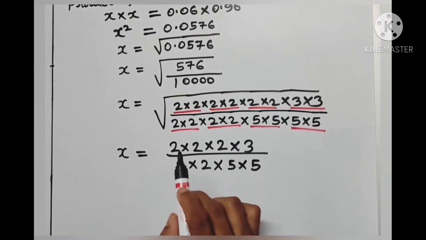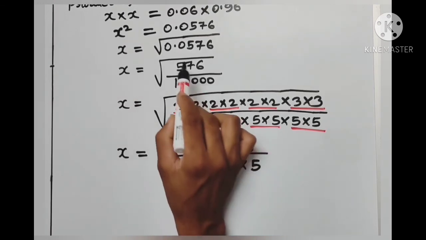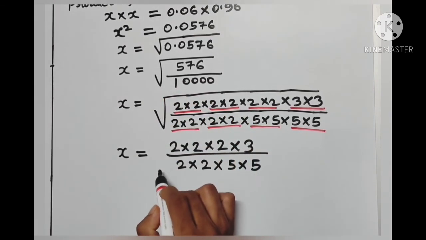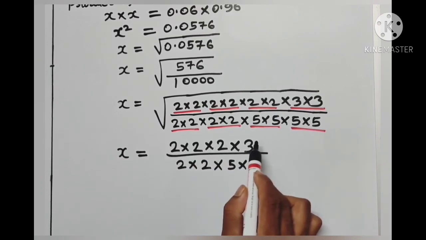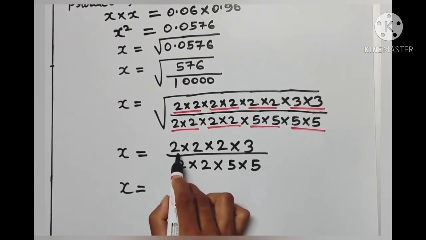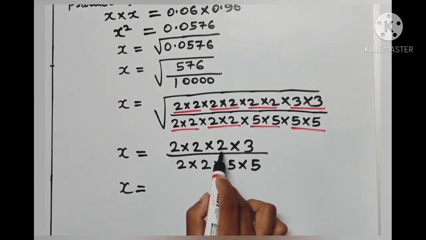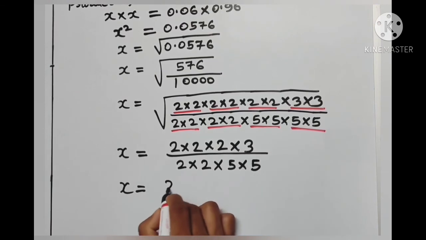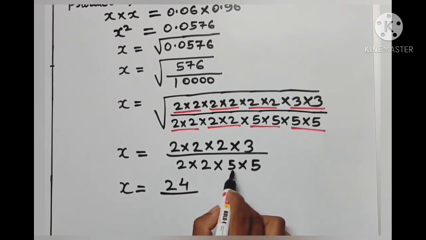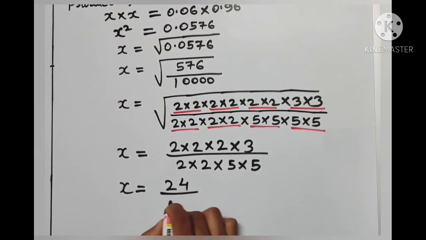So we have got the square root of this fractional number. That's why I have not written the square root symbol here. Clear? So x equals 2 into 2, 4, 4 into 2, 8, 8 3s are 24, by 2 into 2, 4, 4 into 5, 20, 20 into 5, 100.